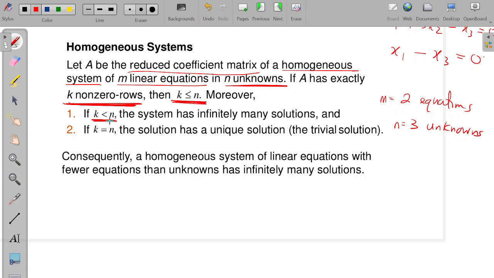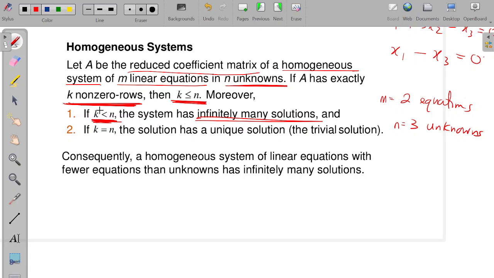If the number of rows is less than the number of the unknowns, then we will have infinitely many solutions, like in the previous example where we have parameter values, a two-parameter family of solutions. Even the one with only one parameter has infinitely many solutions.